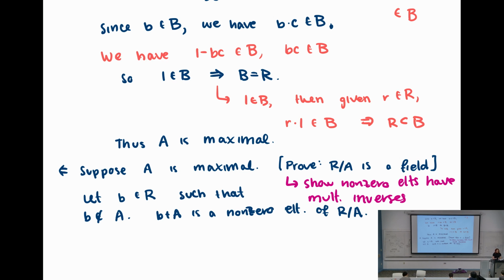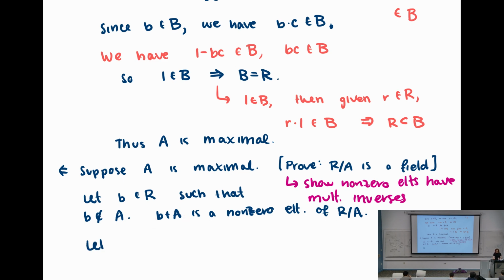So how we're going to do that is we're going to create an ideal that definitely contains A, and also contains some other stuff. And so that will show that since A is maximal, that ideal has to contain 1. And then we'll use that 1 in a clever way to construct the multiplicative inverse of this B plus A. Okay, so I'll show you what that ideal is.